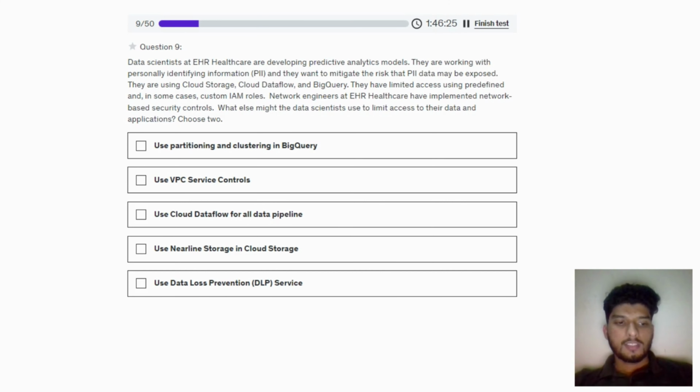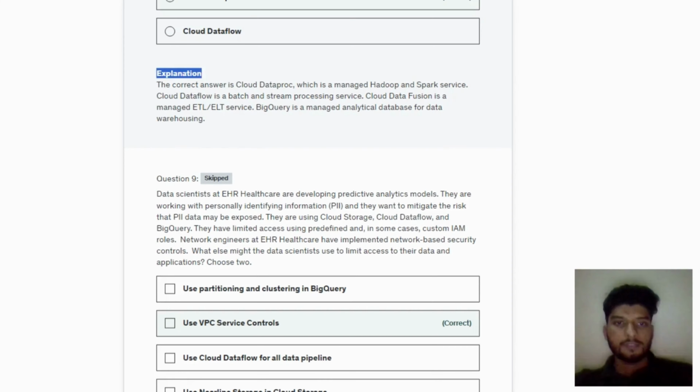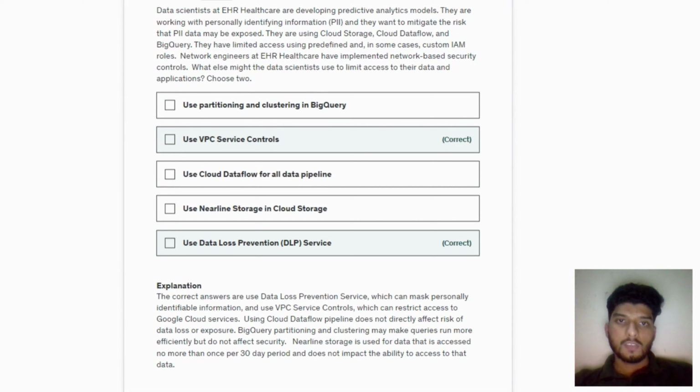The right answer is use VPC Service Controls and use the Data Loss Prevention service. Moving ahead to the next question.